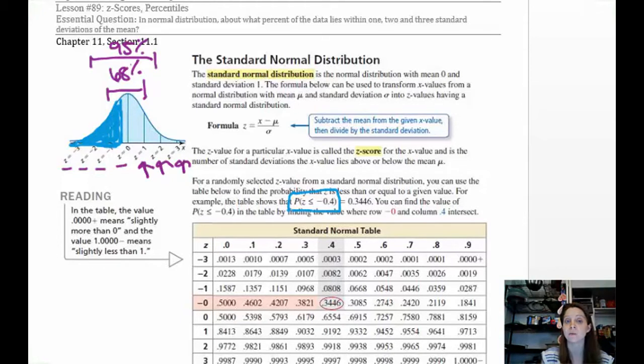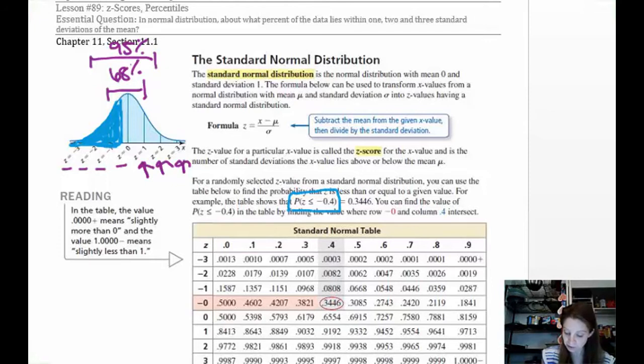We couldn't find a percent that wasn't 1 standard deviation or 2 or 3 that wasn't related to the 68%, 95%, 99.7. But now that we can convert to a standard normal distribution, we can find the percent of any value.